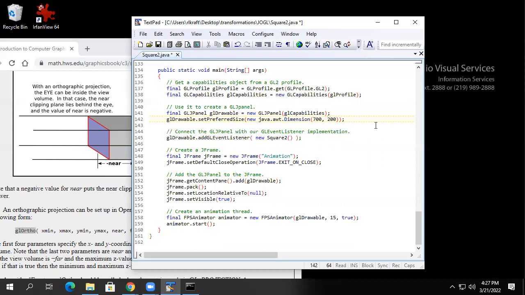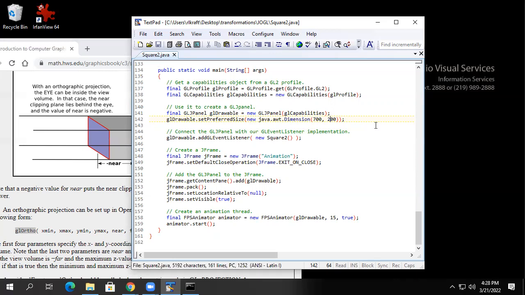So now it's kind of weird. The logical stage is set by OpenGL, but the actual window is set by Java, and it's up to us to get those in agreement. This is one of the tricky things about graphics programming. You think that once you set this, the window would match it, but that's not the way it works. The window's its own entity.